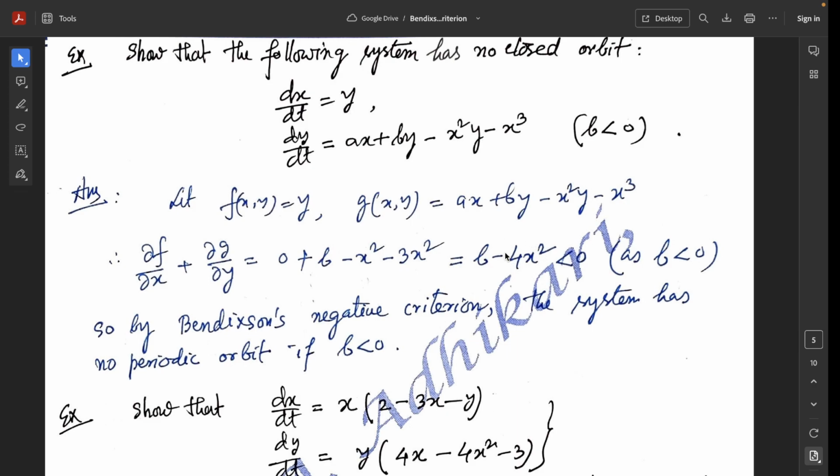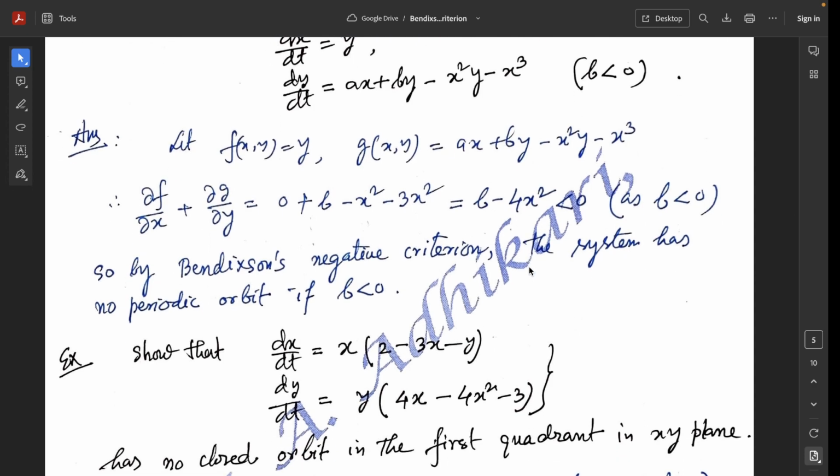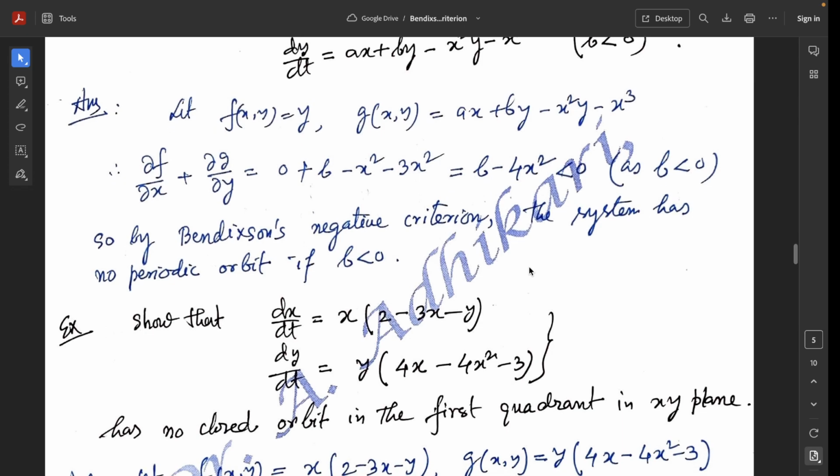Obviously, 4x square is positive, and given that b is negative, b minus 4x square is negative. So by Bendixson's negative criterion, the system has no periodic orbit, no closed path, if b is less than 0.